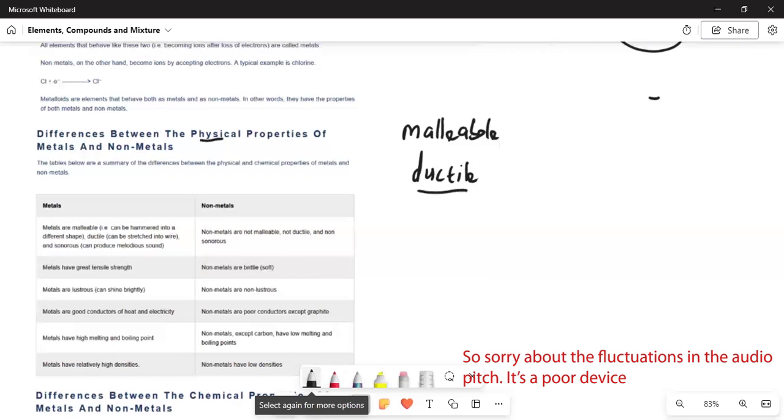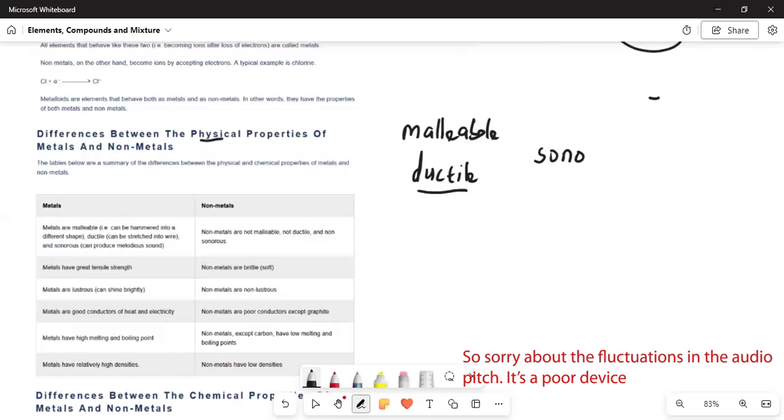Another one is metals are sonorous. When you say something is sonorous, it means when you hit that thing with another metal or with any object or with a stone, it produces a kind of melodious sound. For example, if you have a metallic pole and a wooden pole around you, take a stone or another piece of metal and hit the metallic pole, also hit the wooden pole.